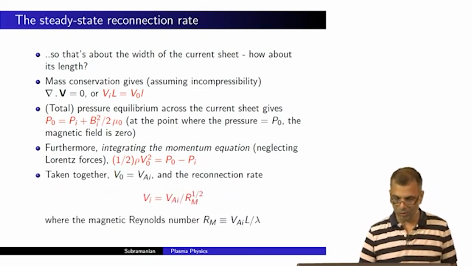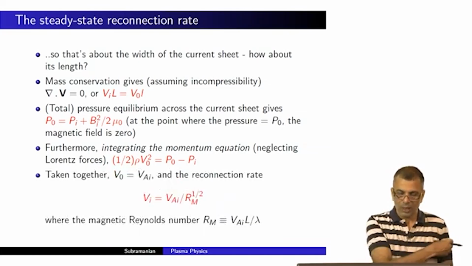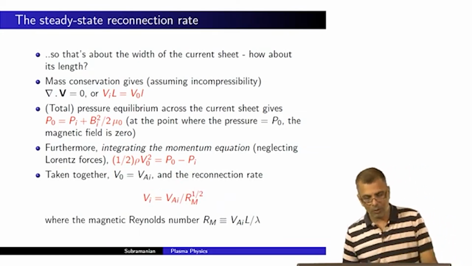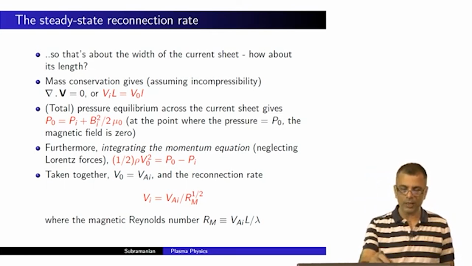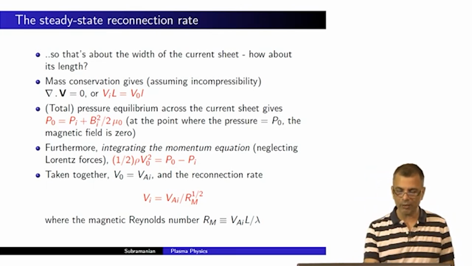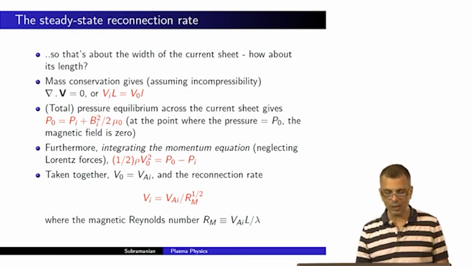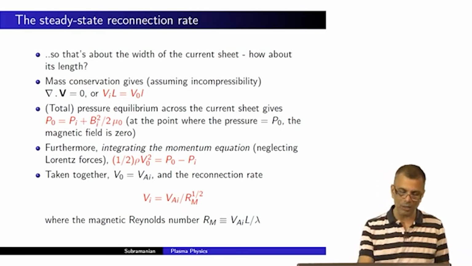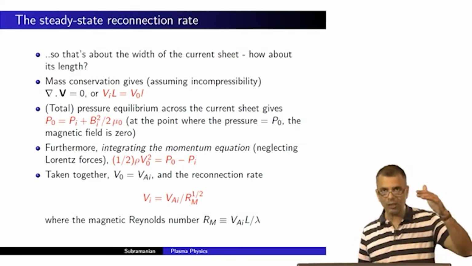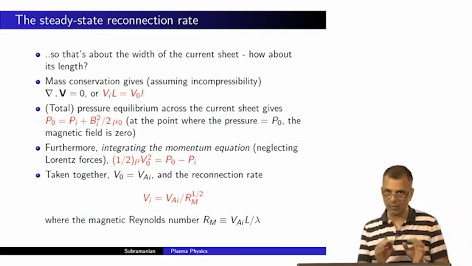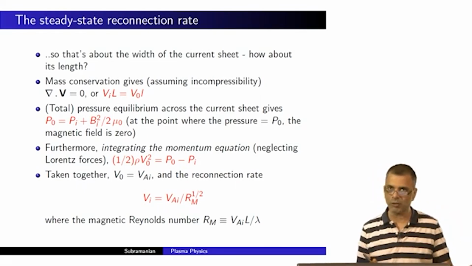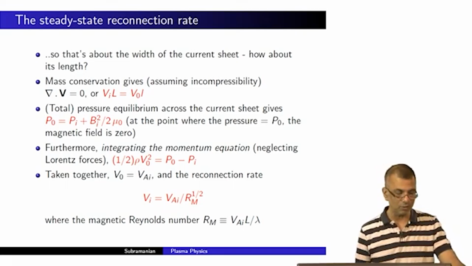Okay, so now taken together, if you solve these, you will find out that the outflow velocity is essentially the Alfvén velocity far away from the reconnection region, right? In the reconnection region, the Alfvén velocity falls to 0 because the magnetic flux is 0, right?